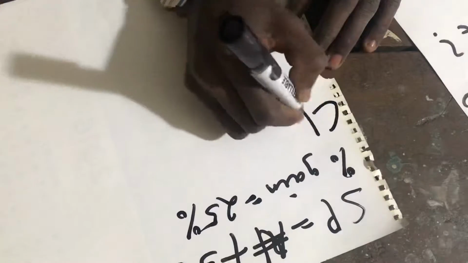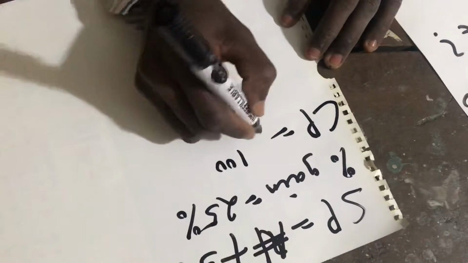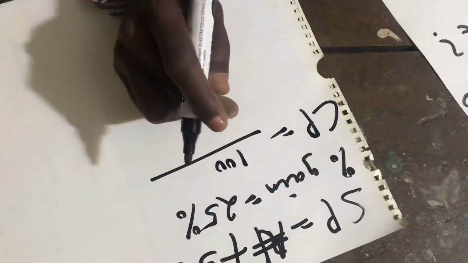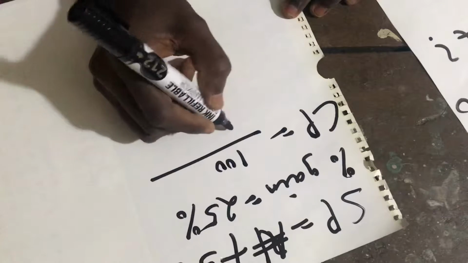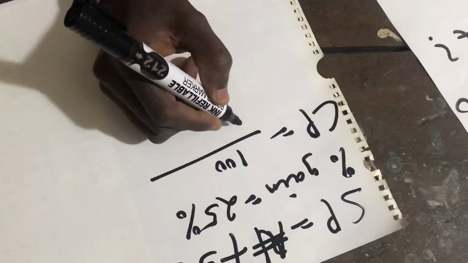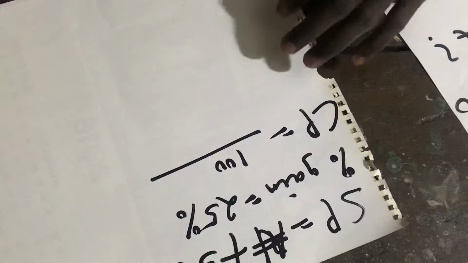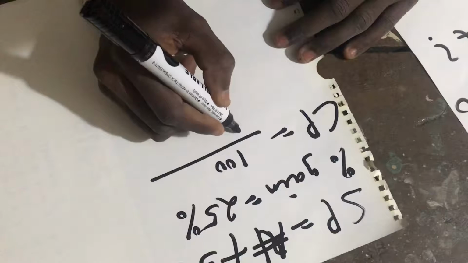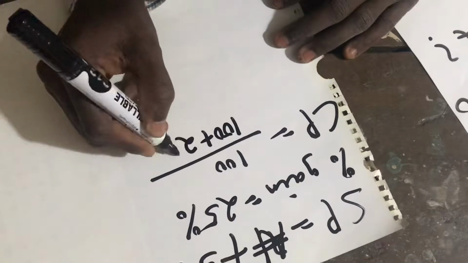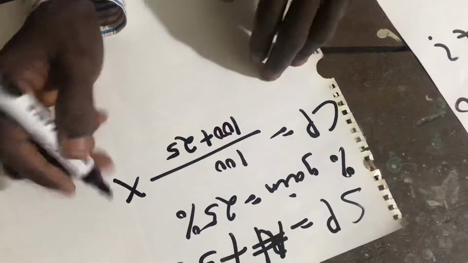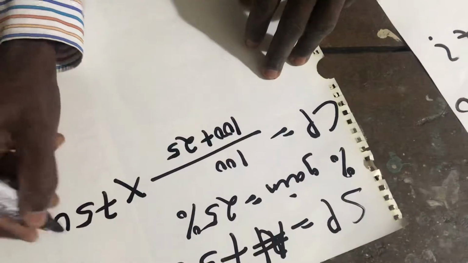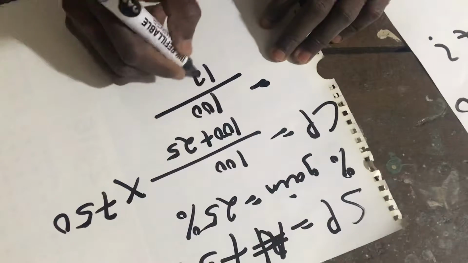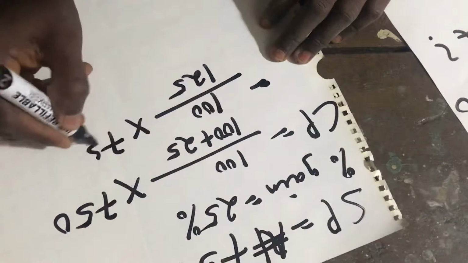Therefore, cost price is equal to 100 over 100 plus 25, which is 125, times the selling price, 750. And that means 100 over 125 times 750.